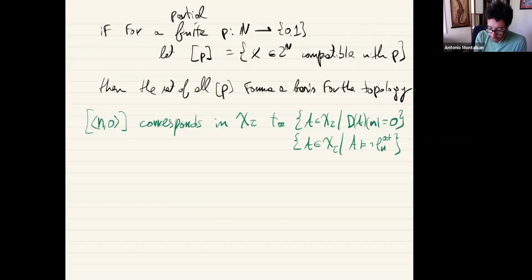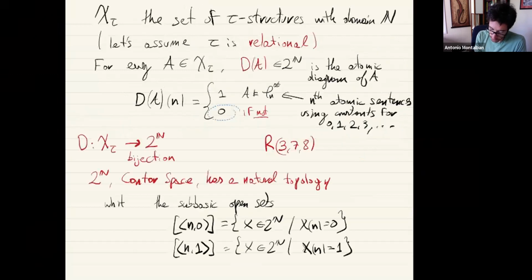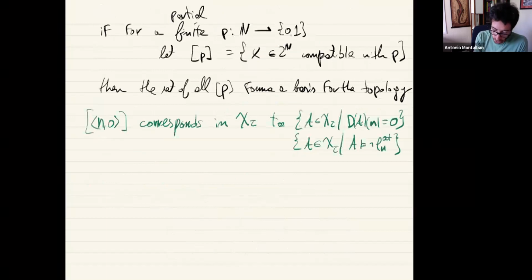Because that's exactly what it means that the diagram is 0: 0 means that you model the negation. This is not true of the nth atomic formula. Cool.